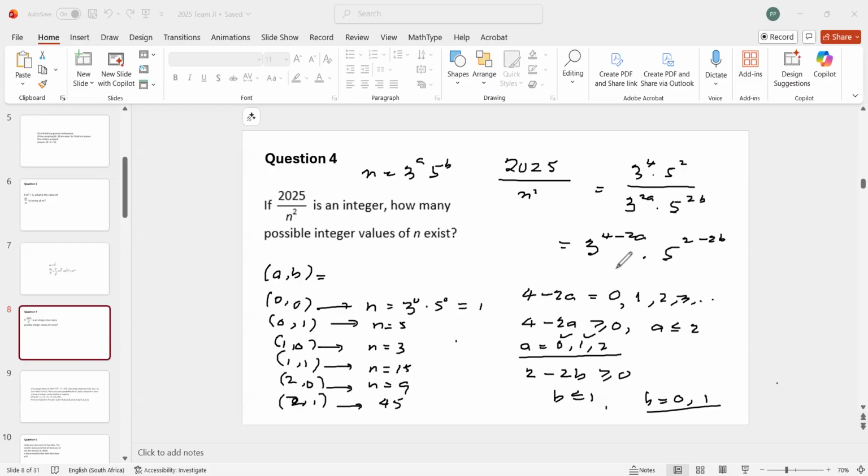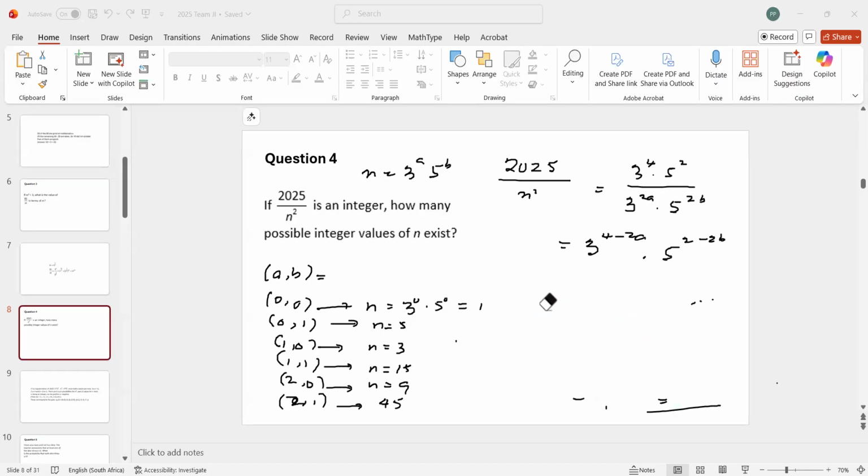Okay, so what is it? So these are the values for n. So n squared is what? So you'll see that n squared is equal to... Let me just create some space here. So these are possible values for n. So n squared.